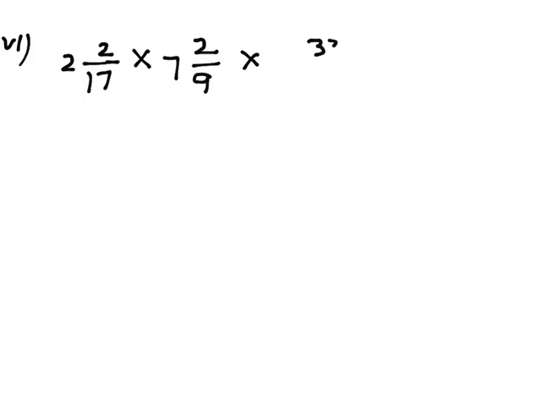In another example, all the fractions are mixed fractions. Here we have 2 whole 2 by 17. We have to multiply it with 7 whole 2 by 9, and the other one we have is 1 whole 33 by 52. So first of all we will convert them into improper fractions.